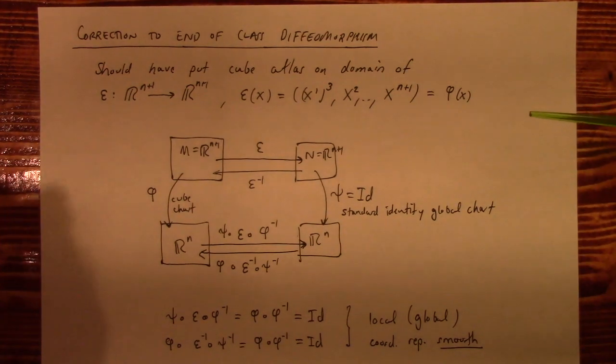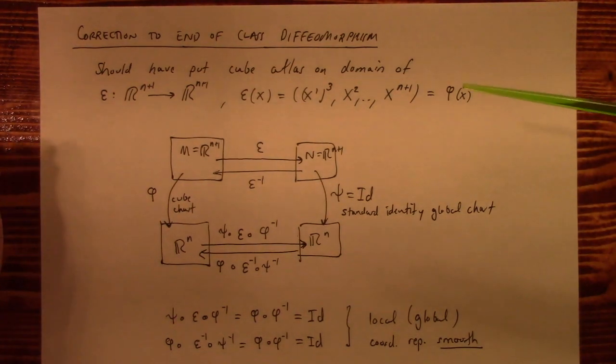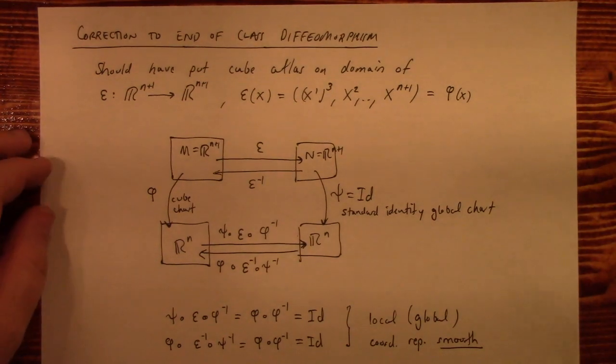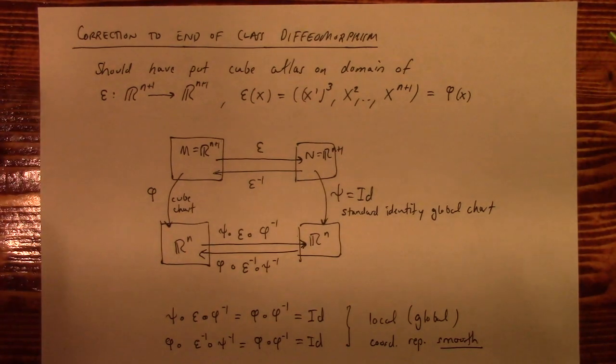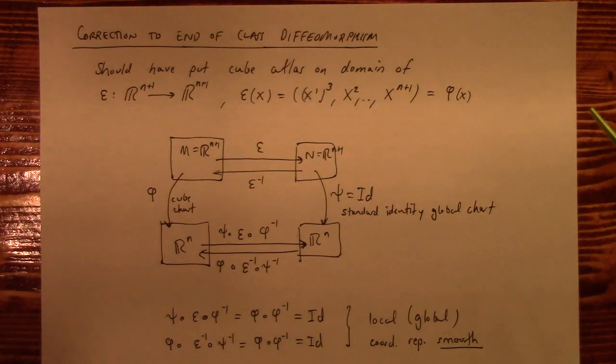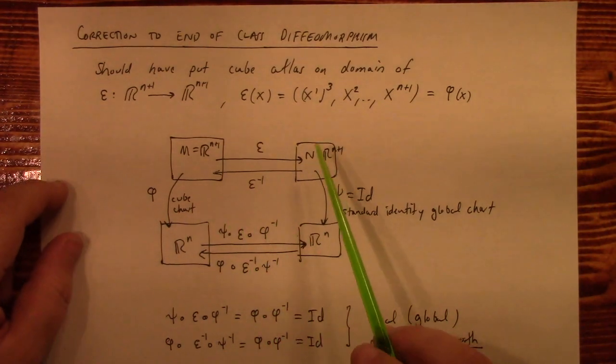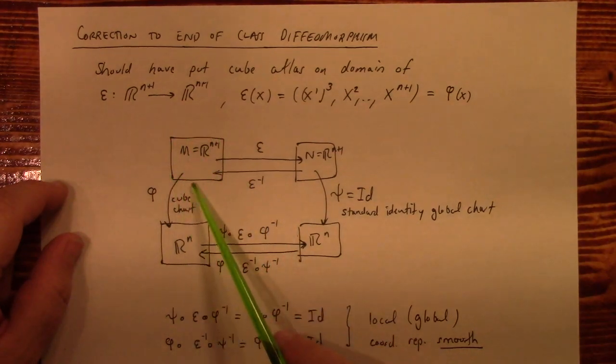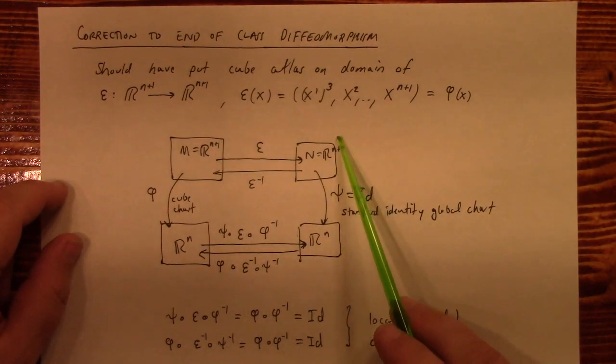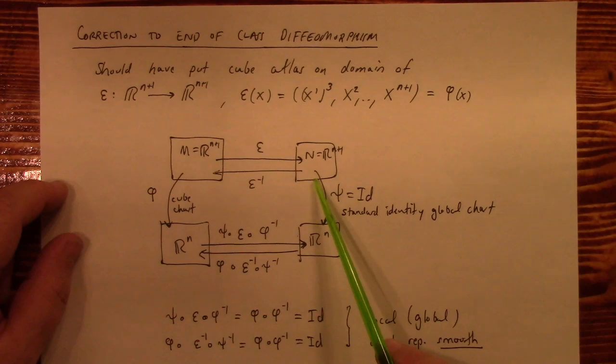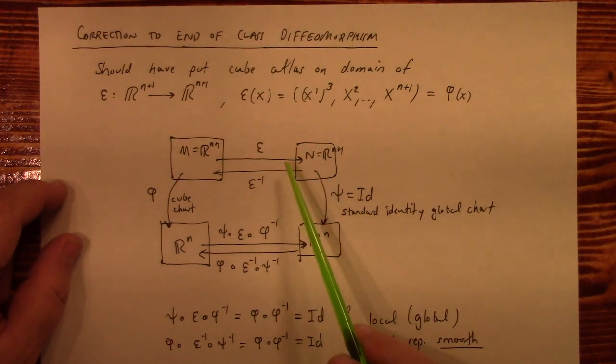But first of all, at the end of last lecture, we noticed right after class that you got to the ninth power, and the simple solution is that I meant to put the cube atlas in the domain and the standard atlas in the codomain, or in the range, if you will, of the epsilon map.